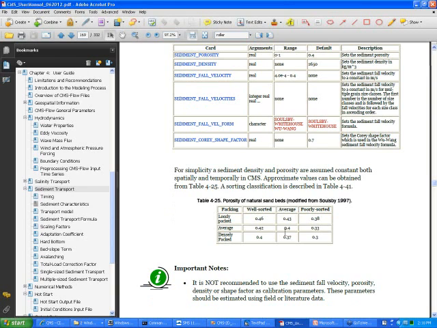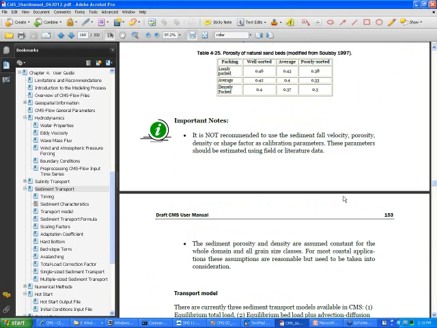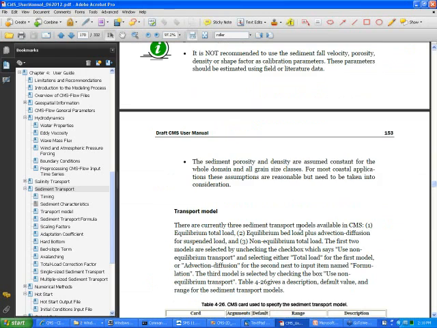So the porosity can vary between 0.46 and 0.3. Again, you don't want to use this for calibrating the model. It's not going to affect your results that much. I've seen people try to calibrate the results to the porosity, and you can spend days on that.